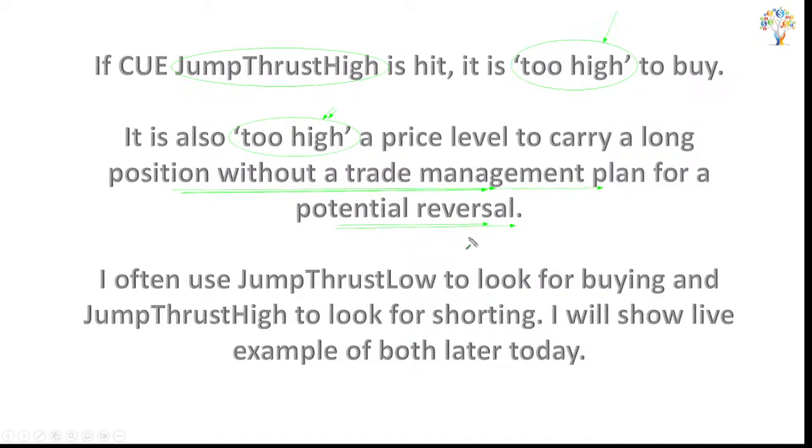A management plan could be selling a call, maybe a longer duration call, or it could be putting in a protective stop, a profit-protecting stop. I almost never buy a protective put to protect my long position when it is at jump thrust high. Usually I avoid buying options, usually.